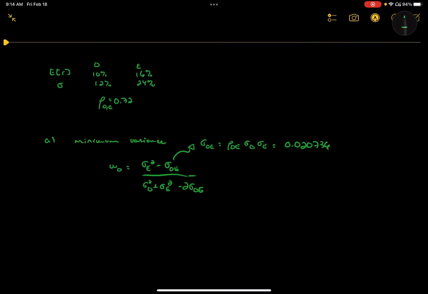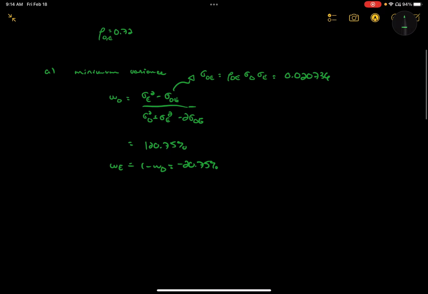Yeah, so just replace the numbers in that formula, and what you'll get is a weight for D of 120.75%. So we can find the weight of E. That's equal to minus 20.75%. So that's the answer of the first sub-question.